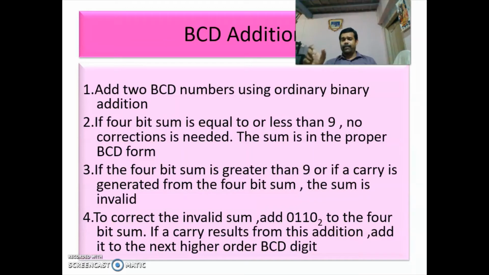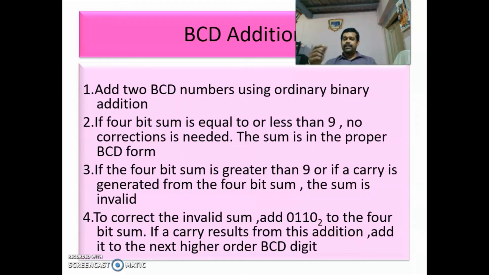If the 4-bit sum is less than or equal to 9, then no correction is needed, and that sum is in the proper BCD form. If you get a number greater than 9, or you get a carry, then the sum is invalid and it is not in proper BCD form. Then, in order to correct the invalid sum, you have to add a 6, that is 0110.